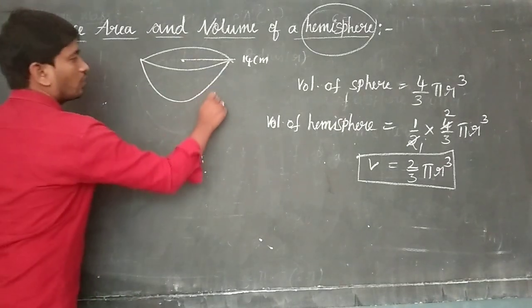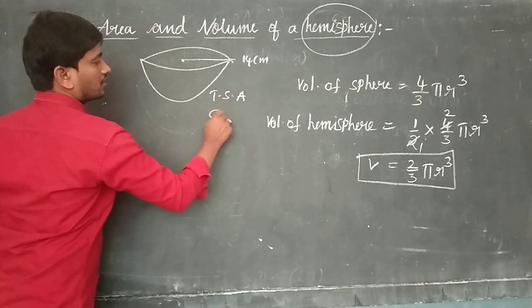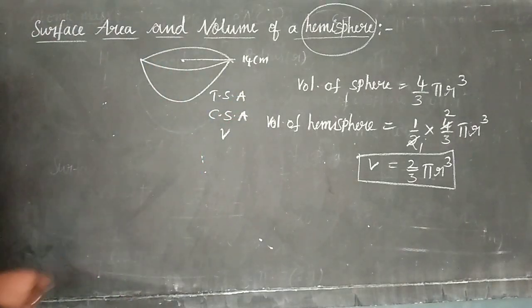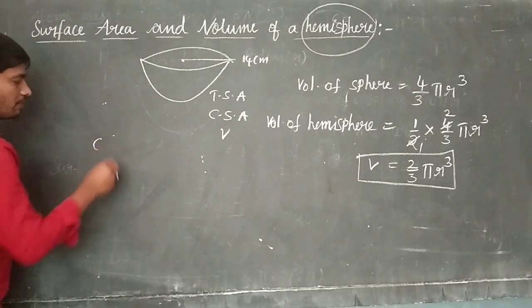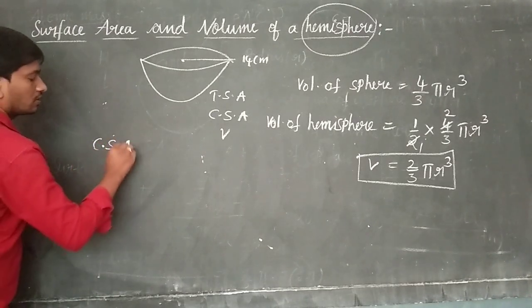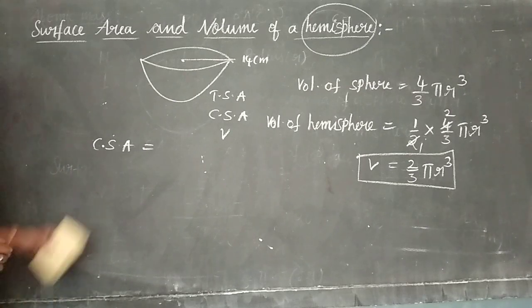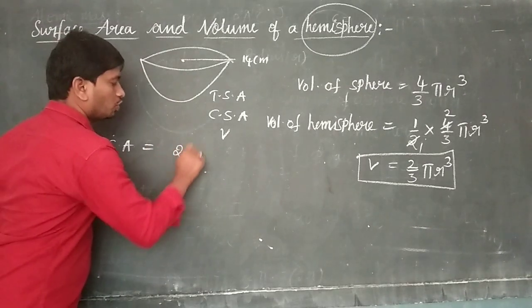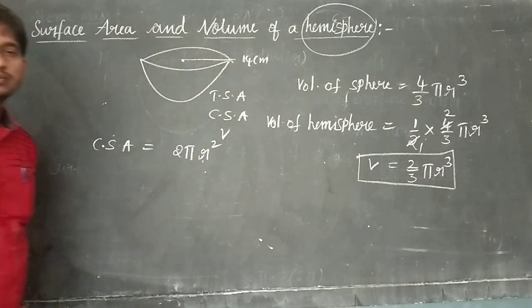They are asking to find TSA, CSA and volume. Let me first find the CSA of the hemisphere. We know the CSA of a hemisphere is 2 pi r square.